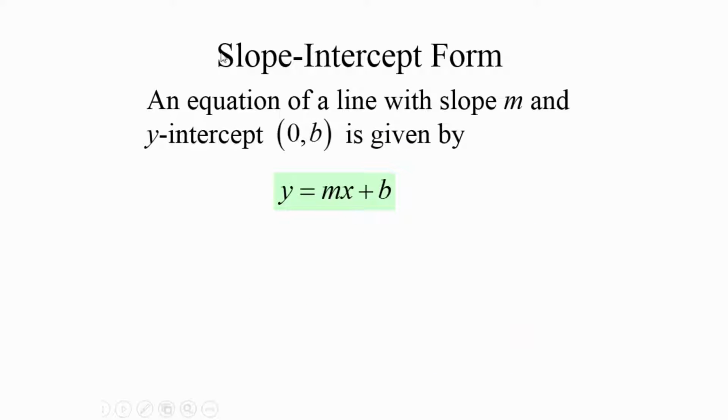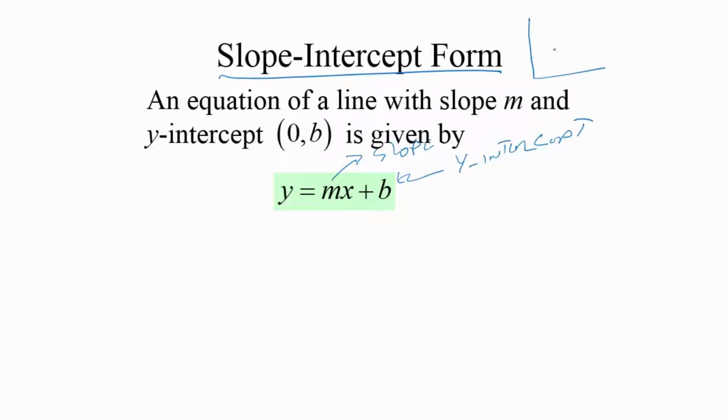This is one form, using the slope-intercept form. This is the y-intercept, and this is the slope. Okay, and again, the y-intercept is where the line, here is x, here is y, where the line intercepts the y-axis.